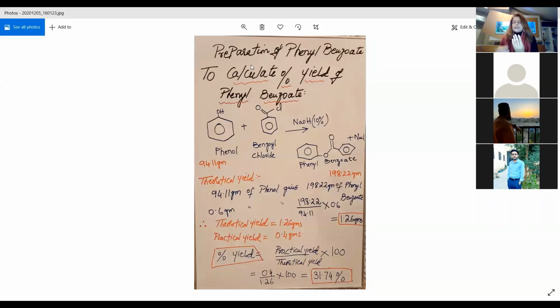For the practical yield, as you are not performing in the lab, you can assume it 0.4 grams. I assumed it and wrote it over here. We will write it down, and then you will simply do the calculation. This way, this experiment will be complete.